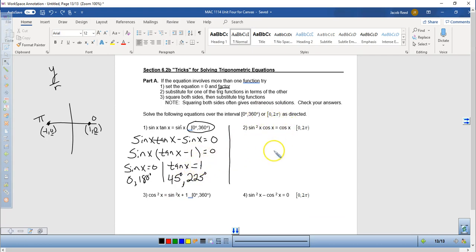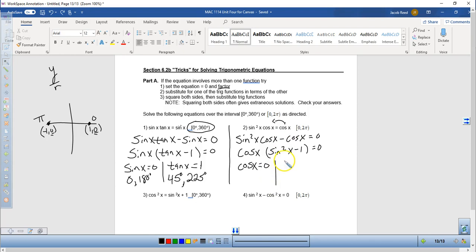Over here, same thing as before. I'm going to solve, move this over. So I have sine squared cosine minus cosine. Factor out cosine. Set each equal to 0.